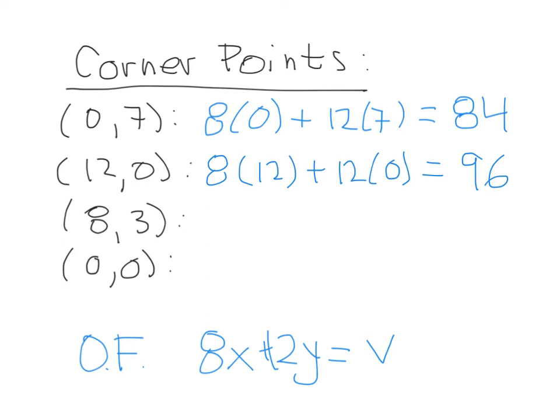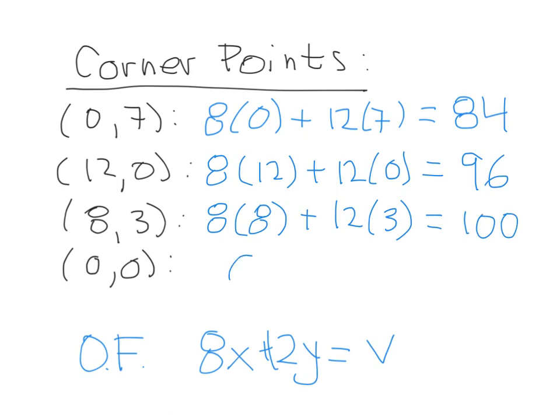Third corner point, 8 times the x-coordinate, which is 8, plus 12 times the y-coordinate, which is 3, gives us 8 times 8 is 64, 12 times 3 is 36, so 36 plus 64 for a total of 100 items we could store. 0, 0 here, if we plug it in, we're going to get 8 times 0 plus 12 times 0. So of course, if we don't buy any bins, we're going to get 0 amount of storage space.